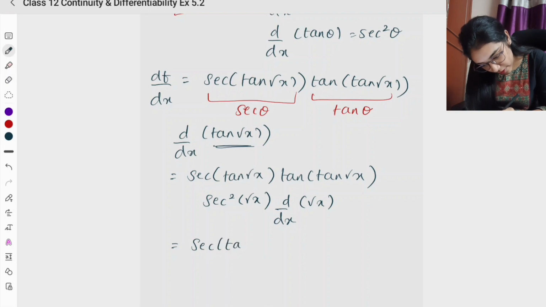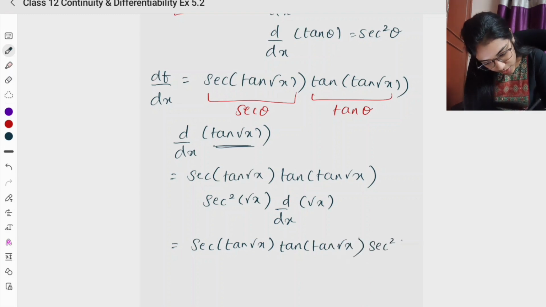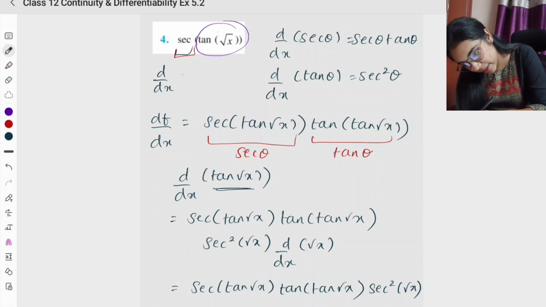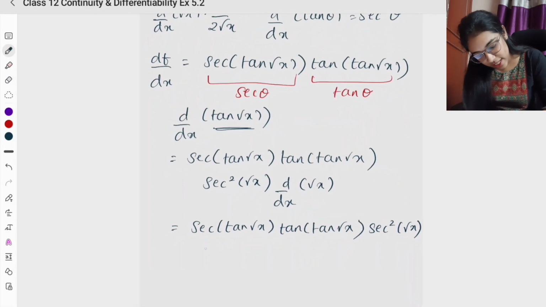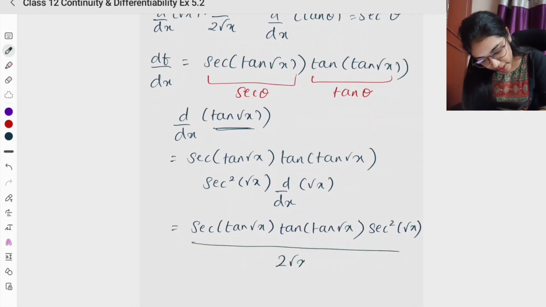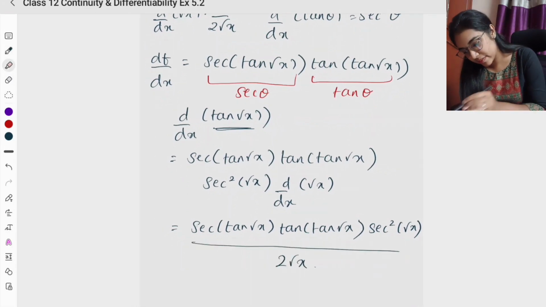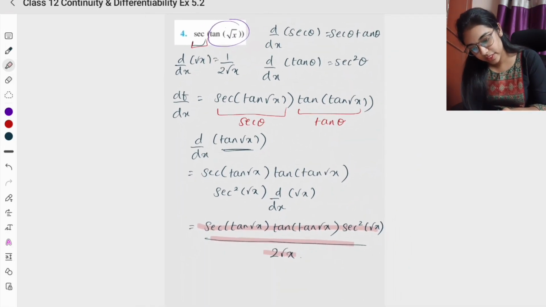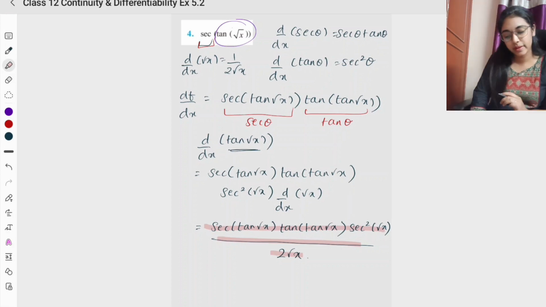Secant of tan root x tan of tan root x times secant square root x times root x or a derivative is going to be d by dx of root x inga eludren. So, d by dx of root x is going to be 1 divided by 2 root x. So, idu denominator la vandruma. So, I will have divided by 2 root x. So, this is my final answer. Okay? Very, very simple. Please copy.